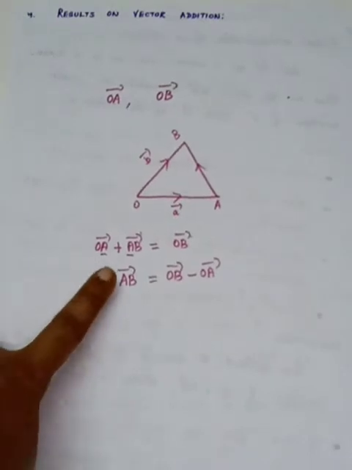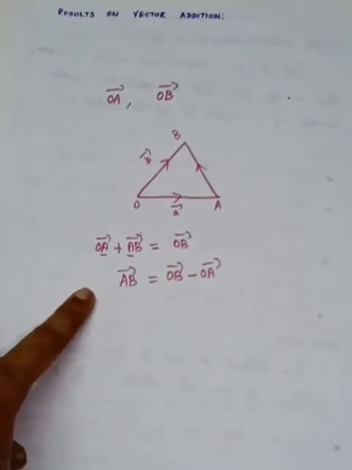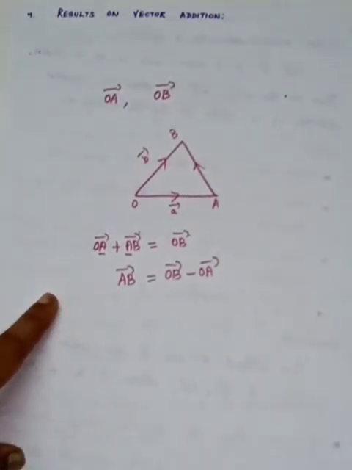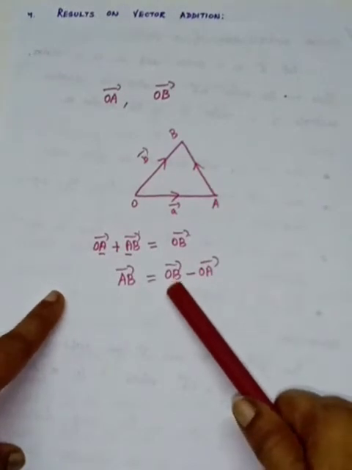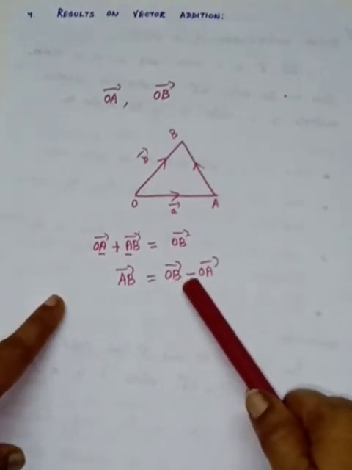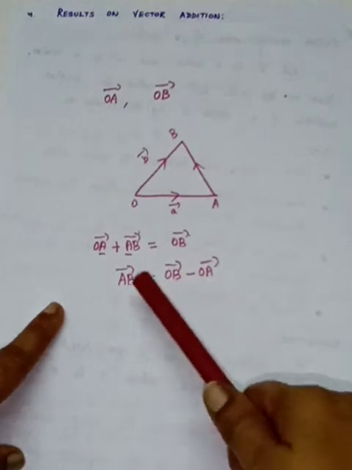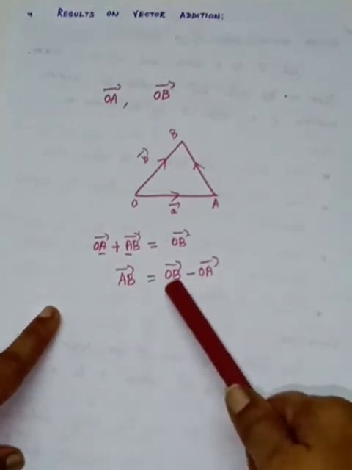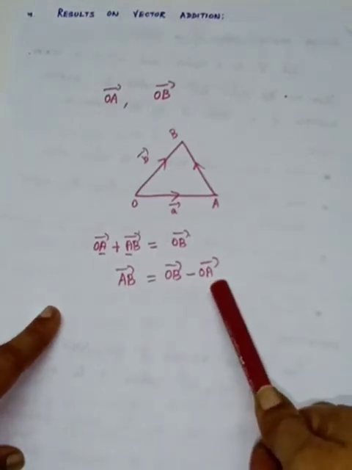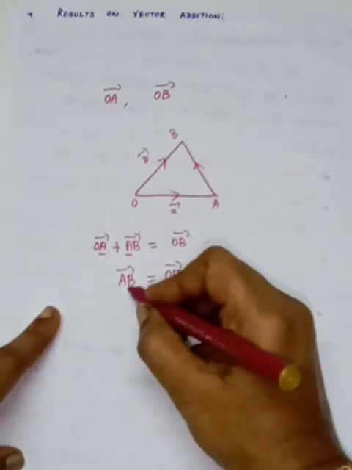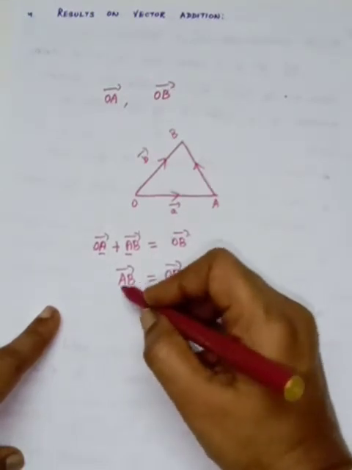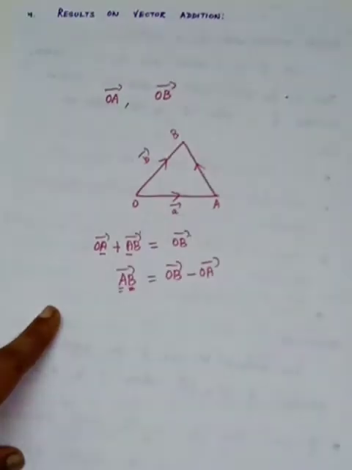So any vector can be written using position vectors. AB vector can be written as OB vector minus OA vector. Here you see that B is the second point, that is the terminal point, and A is the first point.